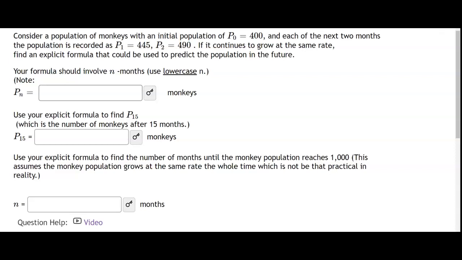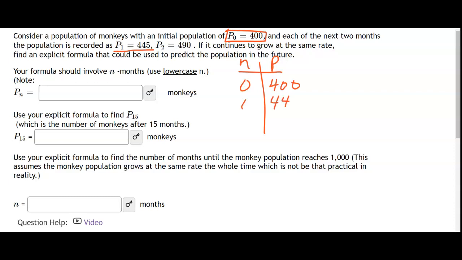So notice that we go from, let's just make a table here. So the month, let's call it n because they say n here, and then the population. At month 0, the initial month, there was 400. That's what this represents. And then after 1 month, it's at 445.